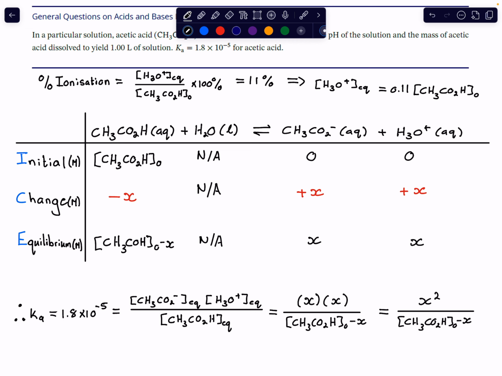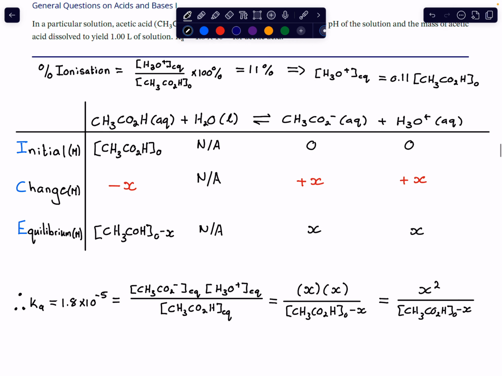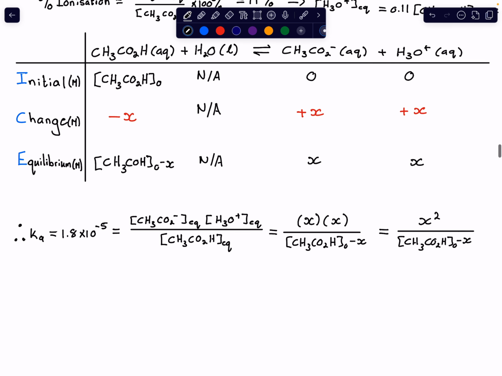So let's put this into our expression, because this value, the hydronium ion at equilibrium, is X. It's the parameter that you put in the table over there. So let's substitute it in. Where there's an X, we put 0.11 times the concentration of CH3CO2H naught, and that's squared.